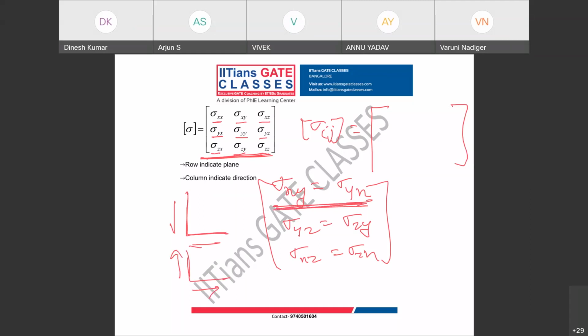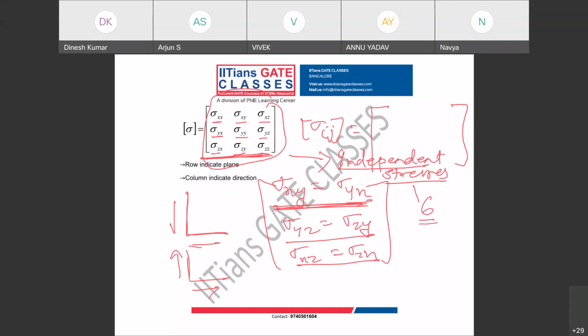So when these shear stresses are the same, out of these 9, how many independent stress components are there, guys? 6. Exactly. So the number of independent stress components is 6 out of 9.